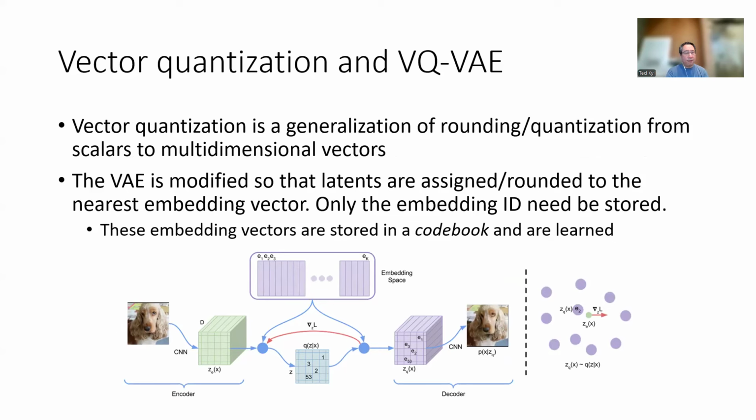Sometimes when I talk to people about vector quantization, they ask, is this some very fancy concept? In my mind, the best way to explain it is that it is not. It is just a way of taking your idea of rounding and expanding it to vectors of whatever length. If I had floating point numbers between 0 and 1, and I said round it to the nearest 100th, you would have 100 buckets.